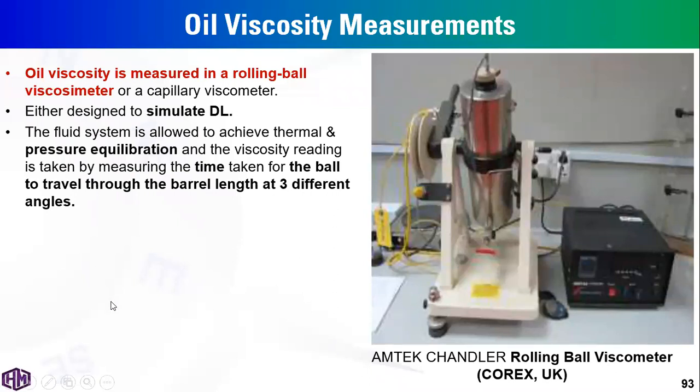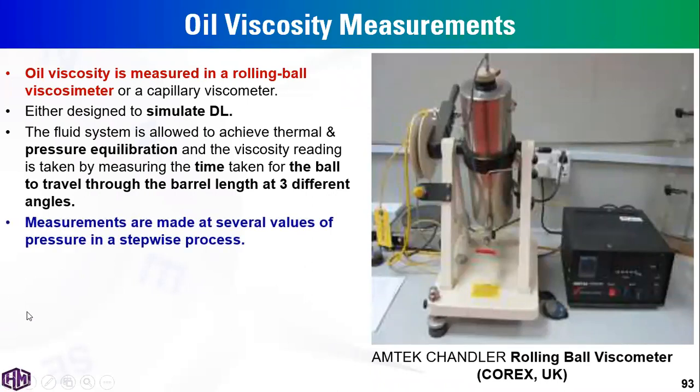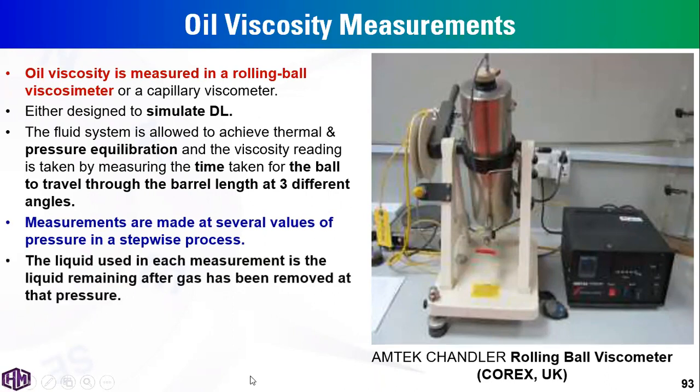The process is to measure the time taken by a ball to travel through this barrel at different angles. We change the angle of the apparatus based on a specific design and procedure. This time is converted to equivalent fluid viscosity using specific equations based on the calibration of the rolling ball viscometer.